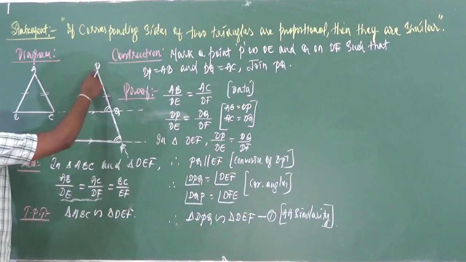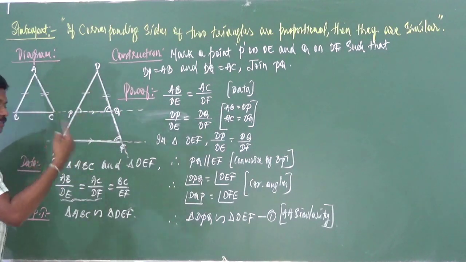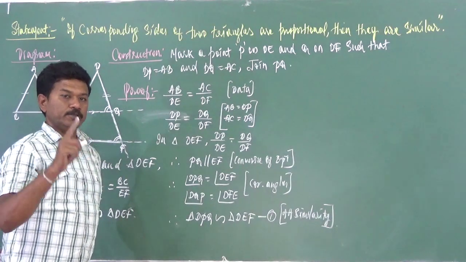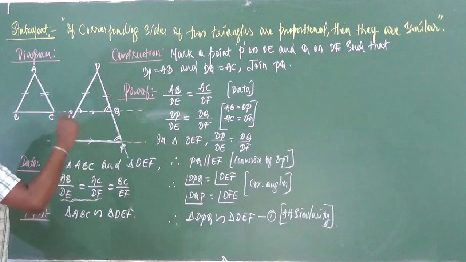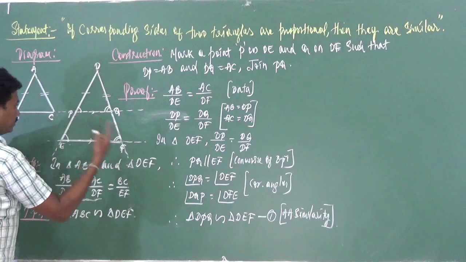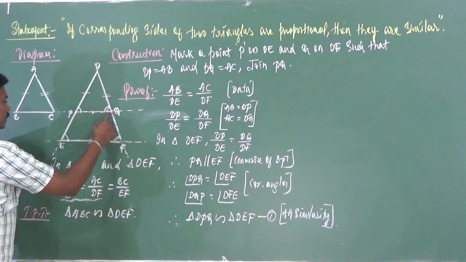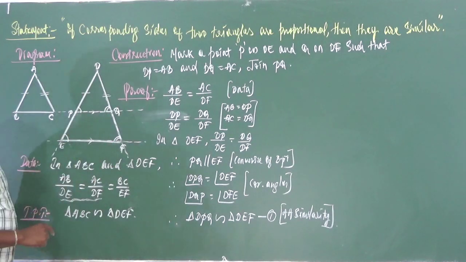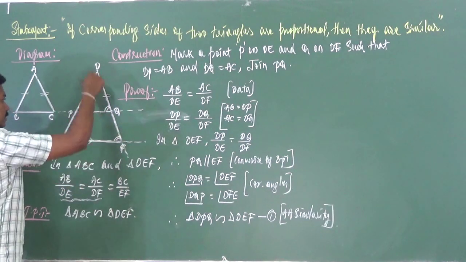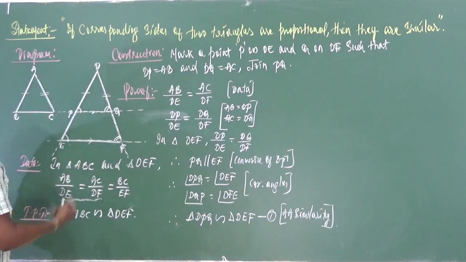Now, as triangle DPQ and triangle DEF have become similar, their corresponding sides should be proportional. So now we will take the proportionality. DP by DE will be equal to DQ by DF will be equal to PQ by EF. This is possible because both the triangles are similar, and therefore their corresponding sides are proportional.